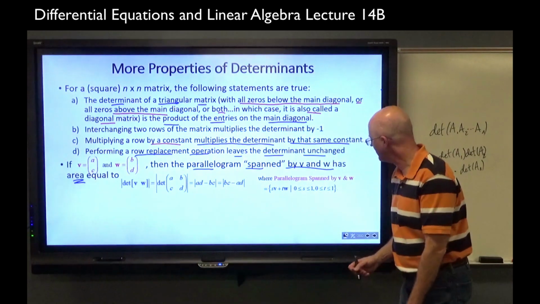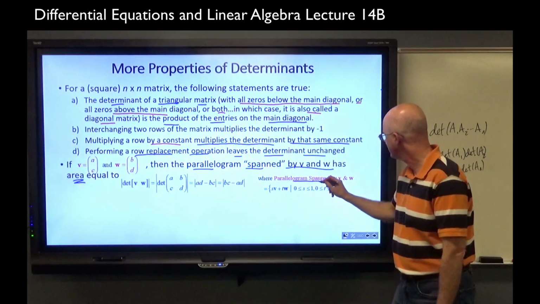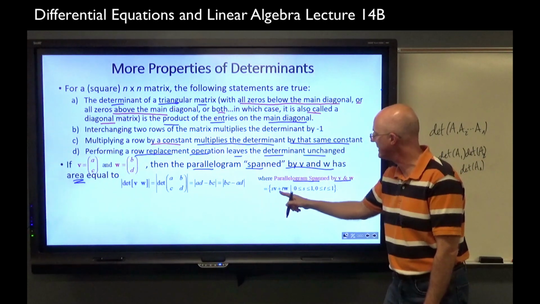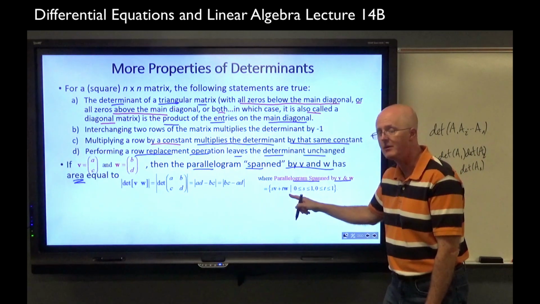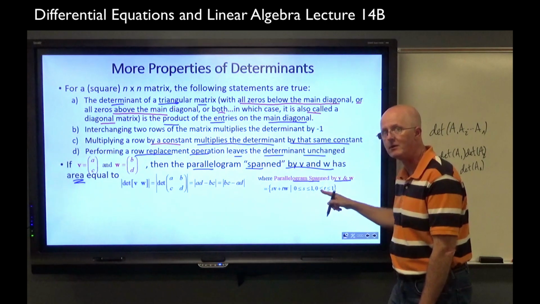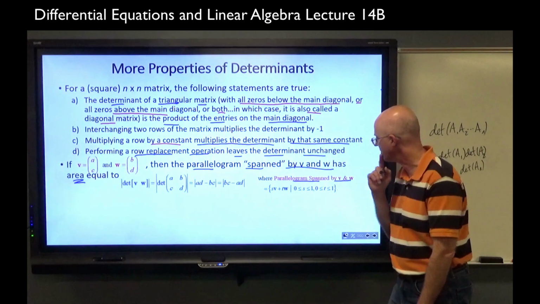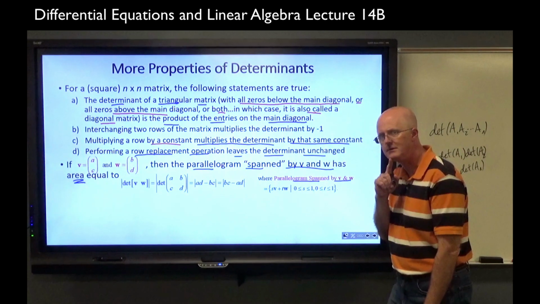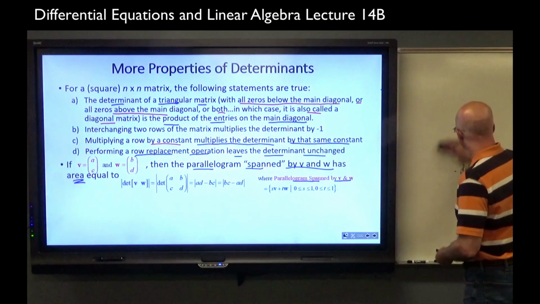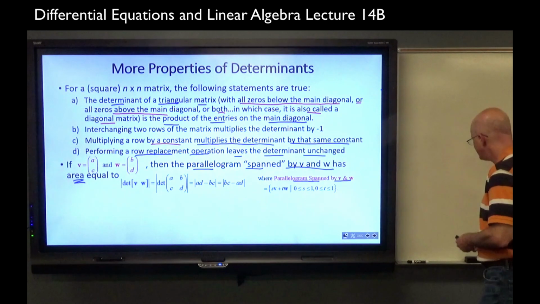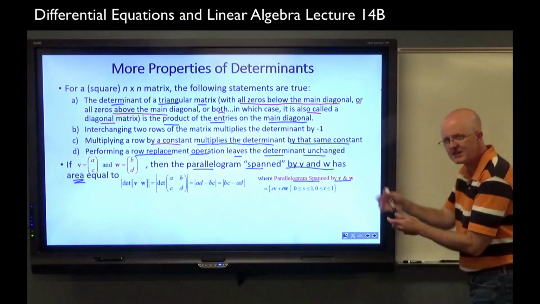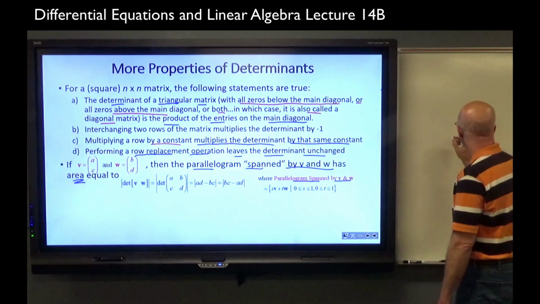The parallelogram spanned by V and W is the set of all vectors that are linear combinations of V and W where the weights are both between 0 and 1, including the endpoints 0 and 1 of those intervals. What is this? Well, we typically think of it as the set of all points whose position vectors are in that form.